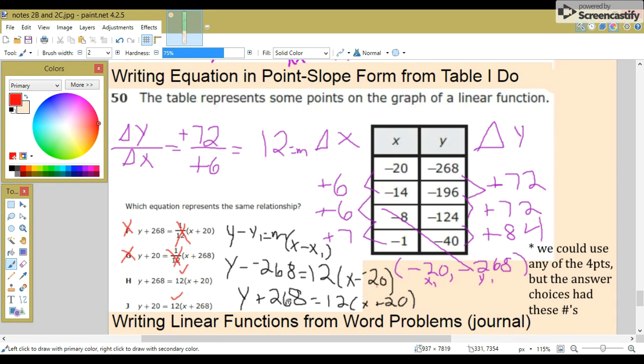Now let's compare our 268 and our 20, our points. 268, we have a plus, that's good, plus 20, that's good. Now let's look at J, plus 20, plus 268. Oh no, they put them in the wrong spots. So those are incorrect. So the answer is H.